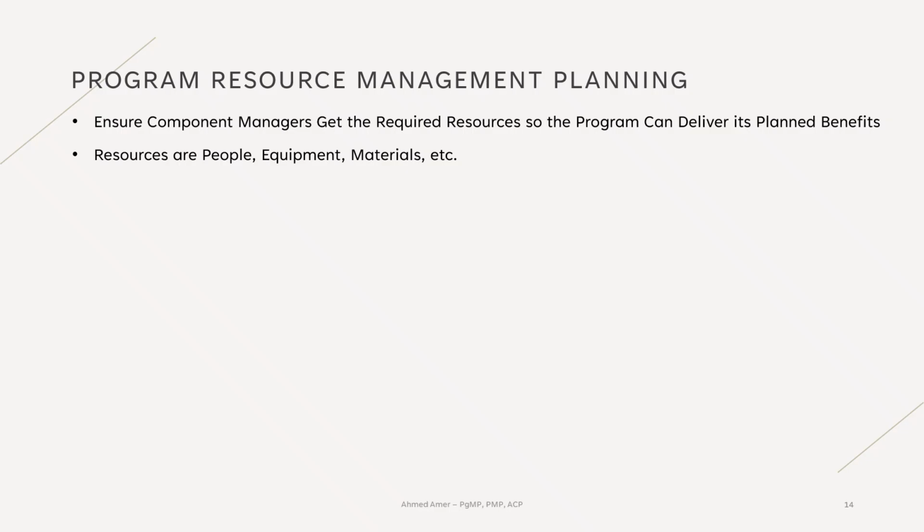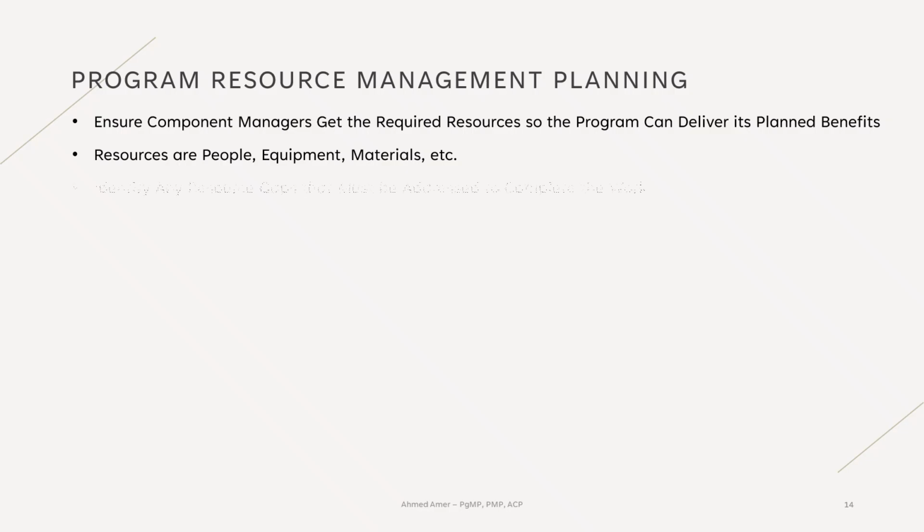A program manager is constantly working in an environment full of uncertainty, trying to balance the needs of multiple components without starving any of them. Resource management planning starts with understanding what we already have and what we still need.